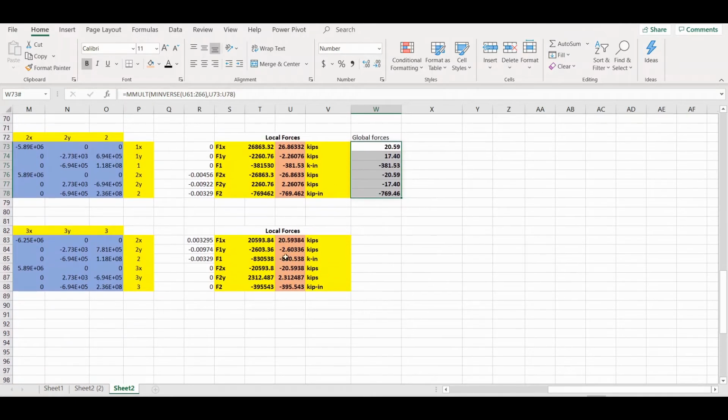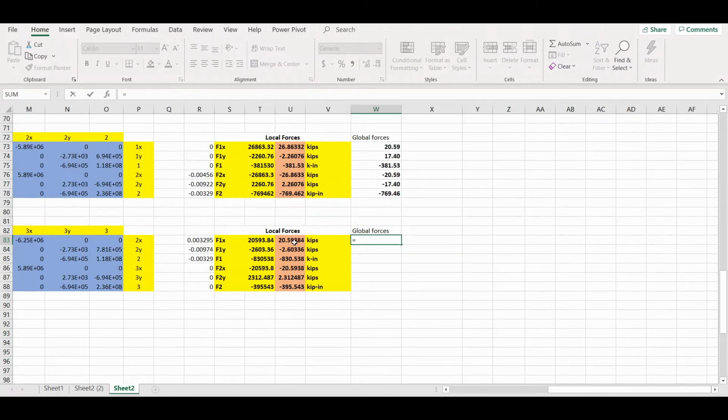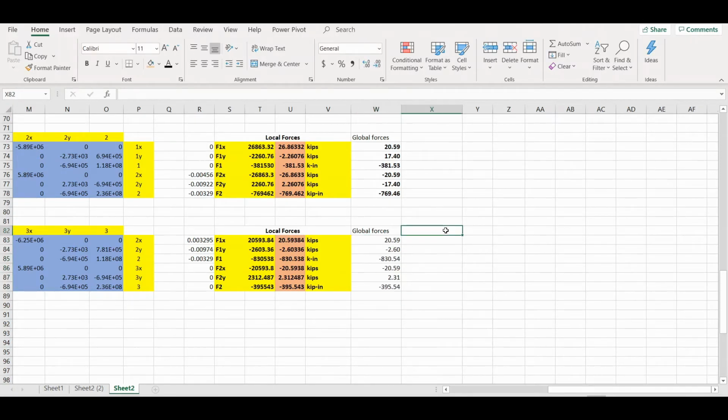Now for this part as well, global forces, since the local axis system is equivalent to the global axis system for element 2, these forces will be equal, so you can just make it equal. However, we do have reactions occurring at these two nodes. This will be actually F2.